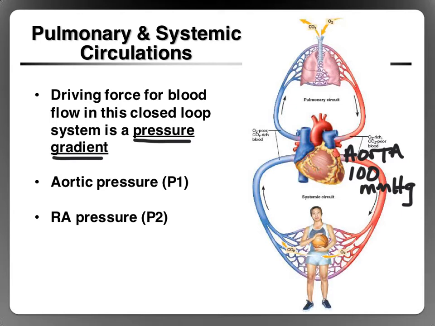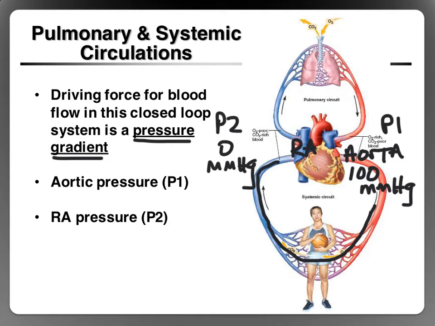We're going to call this pressure 1. And then as the blood flows through the body, through arteries, arterioles, capillaries, heads back to the heart, by the time we get to the right atria, the pressure is essentially zero. Okay, and we're going to call this P2, pressure 2.